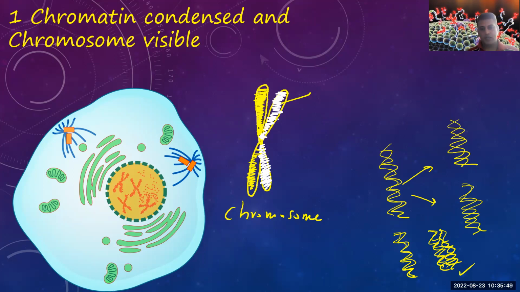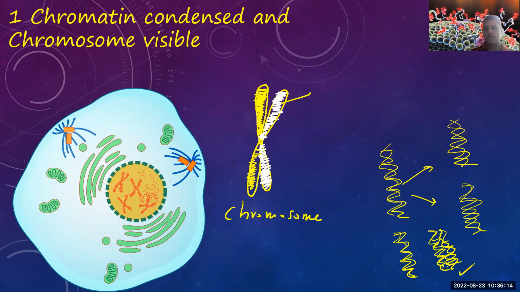Visible means that if they are not compressed, like in the previous case, the electron micrograph, we see only white areas, but in heavily compressed areas, we see black. Now here, they are compressed, and they now have a structure. That means they make a specific structure called a chromosome.